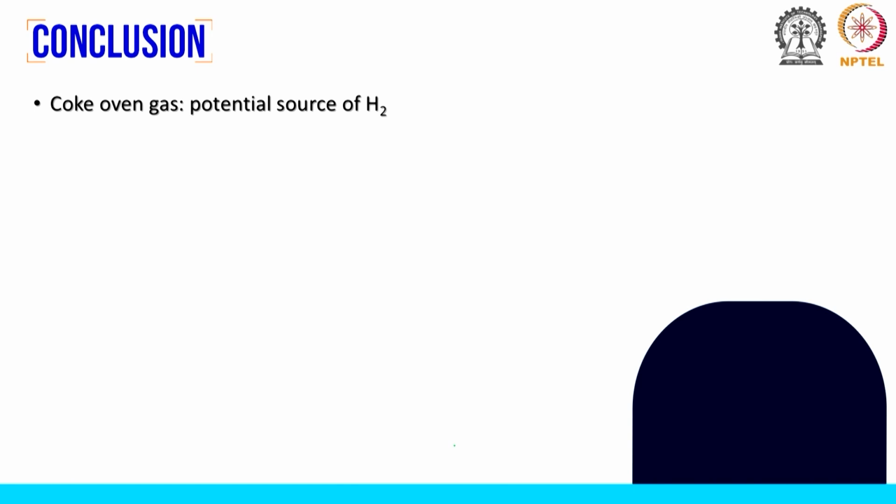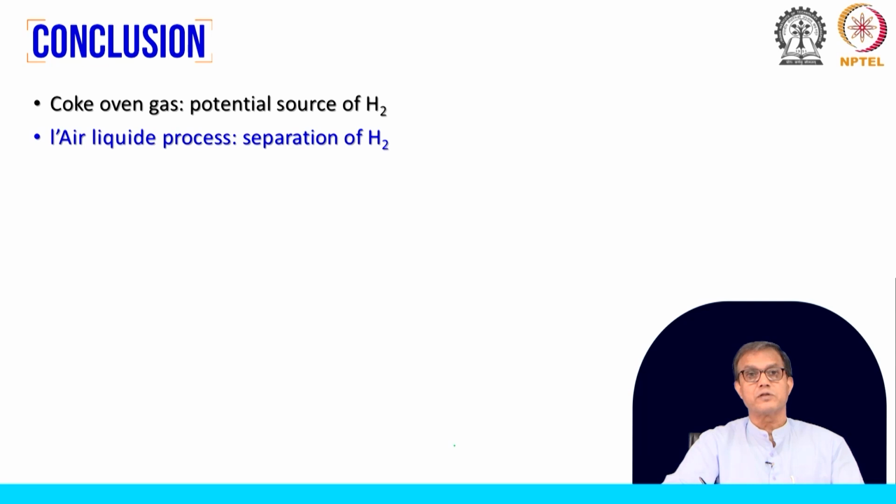Earlier we talked about the Lindebrand process, and now we have learned about the air liquid process. This air liquid process is based on an expansion engine, whereas the Lindebrand process is based on the supply of liquid nitrogen.